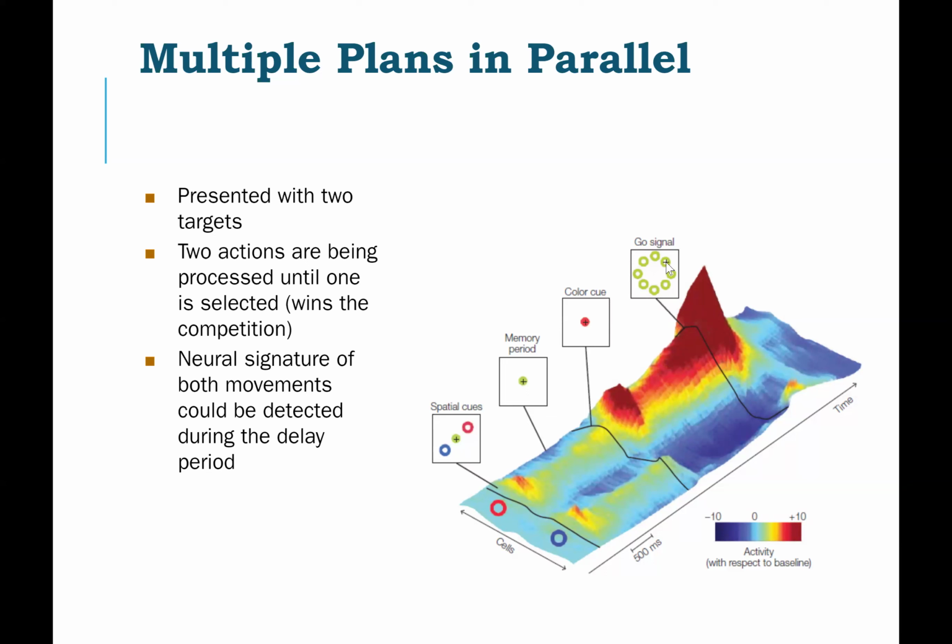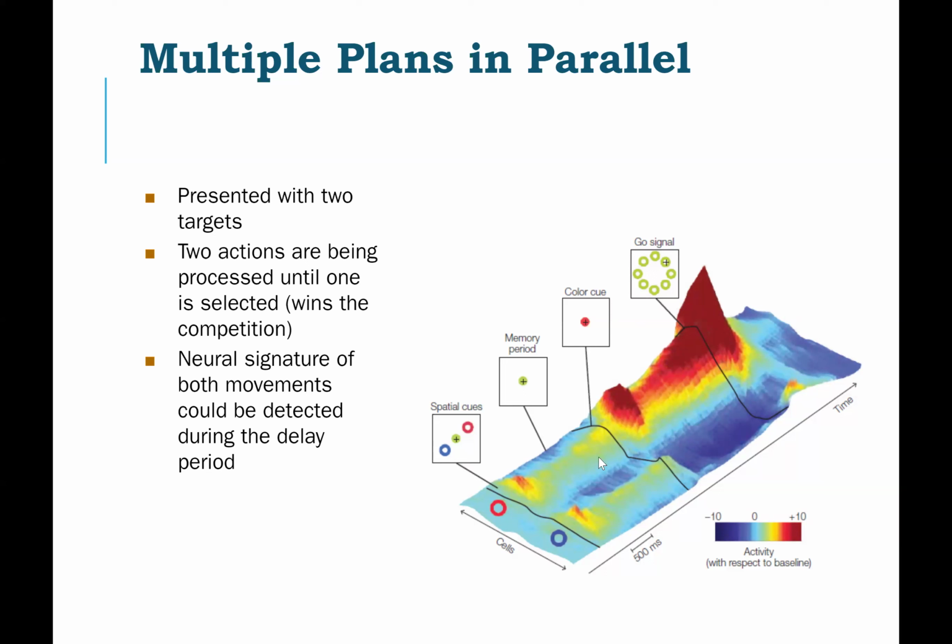Then this delay comes up, which is the go signal, and they have to go toward the initial spatial cue that matches the color cue. In this case, the spatial cue that matches the color cue is red, in the upper right, so the animal should go to the upper right. So it's simulating having multiple options, in this case upper right or lower left.